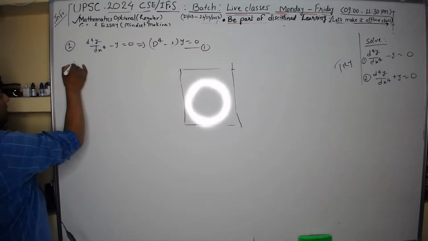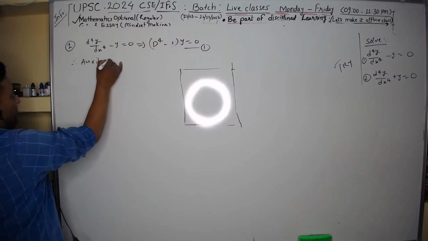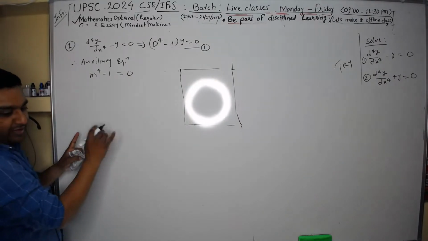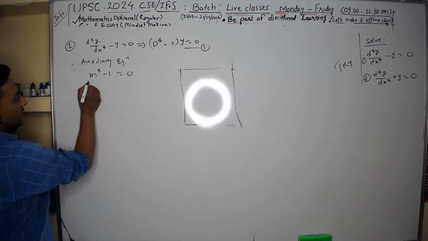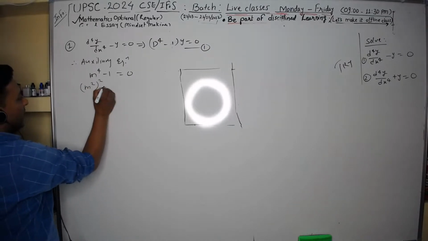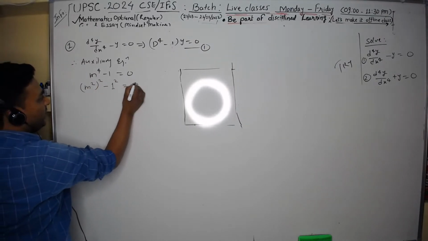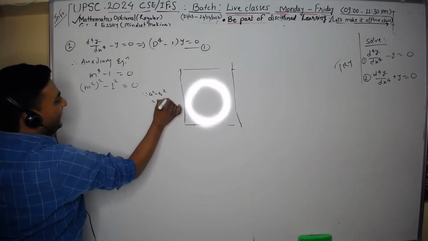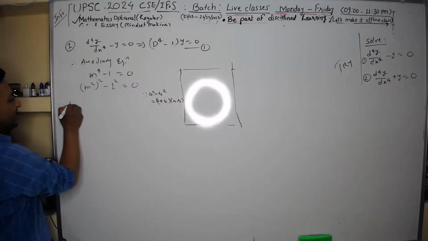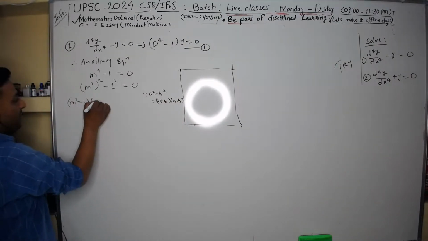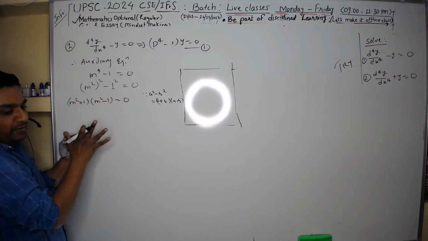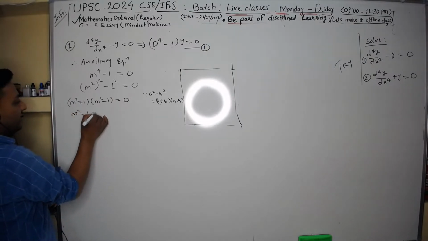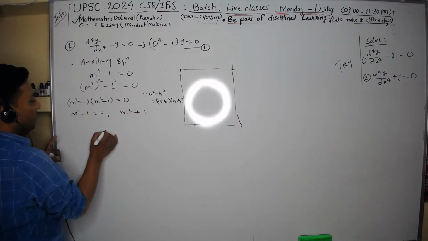चलिए, so auxiliary equation क्या हो जाएगा? m power 4 minus 1, it will have 4 roots, right? It can be written as m square का square minus 1 का square equals to 0. a square minus b square क्या होता है? a plus b into a minus b. So this will become m square plus 1 equals to 0 into m square minus 1 equals to 0. a into b equals 0 implies either a is 0 or b is 0.